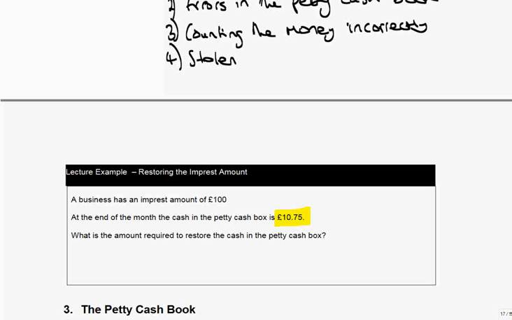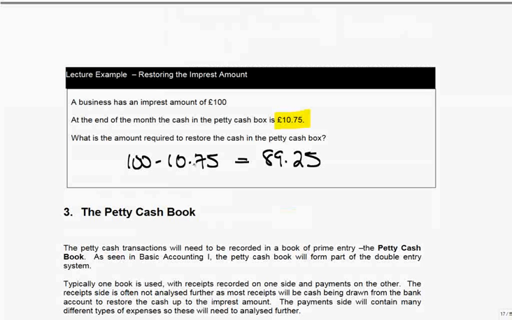Well, if I'm going to restore the petty cash box, that means that that box now has the imprest amount. So if I've only got £10.75, how much more do I need to put into the box to make it add to 100? So I need 89.25 to put into the box so that my box now adds to 100.